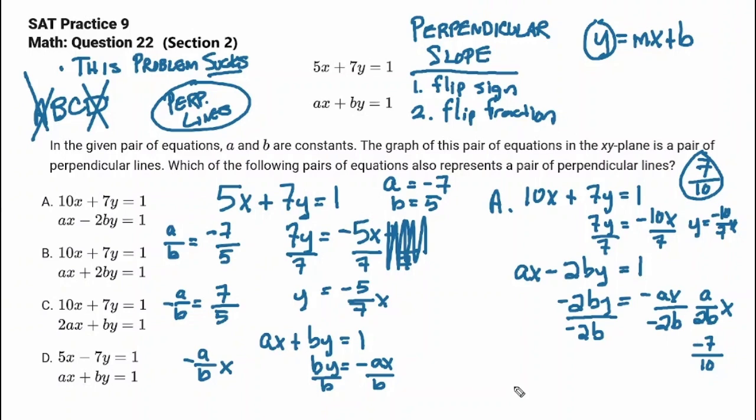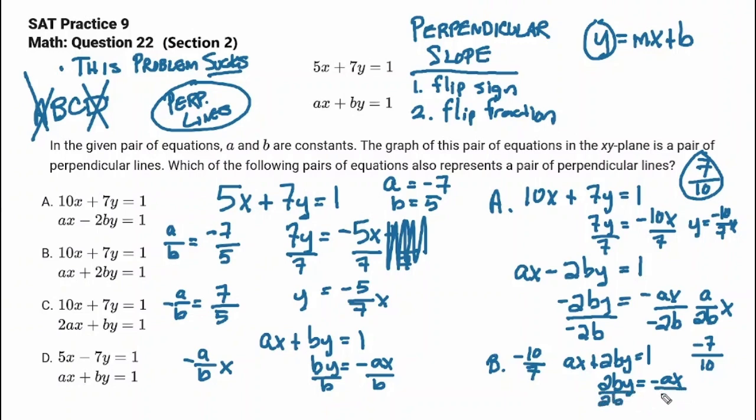We know that 10x plus 7y equals 1. We know the slope. What is it? For B, the slope is exactly the same. It's negative 10 over 7. I'm running out of space, and I'm sorry, I'm looking at ax plus 2by equals 1. So I got to get this in the right form. 2by equals negative ax. Again, plus 1 doesn't matter. Divide through by 2b.